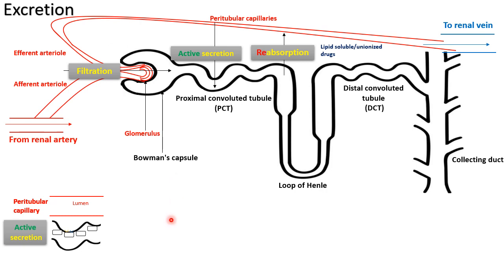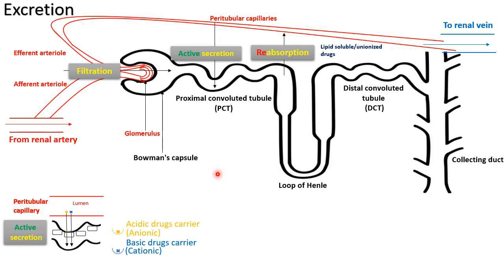Okay, and speaking of these carriers, we have two types of these carriers according to the drugs. We have a carrier for acidic drugs and we have a carrier for basic drugs.